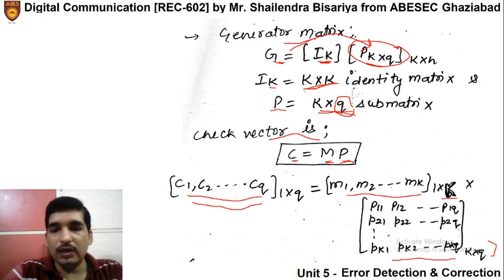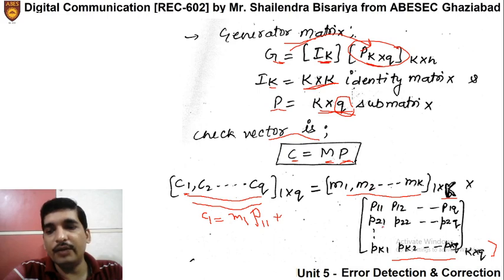So if I multiply, I can say that C1 is equal to M1 multiplied with P11, plus M2 multiplied with P21, and so on for this column.